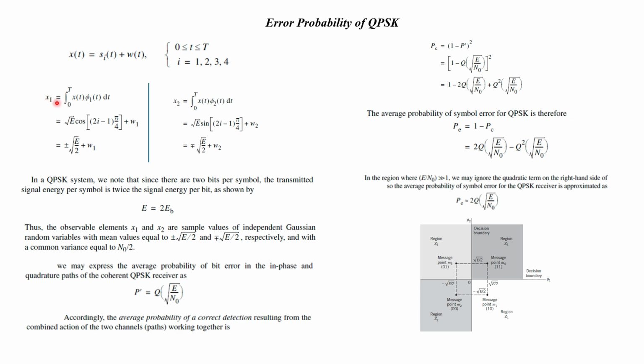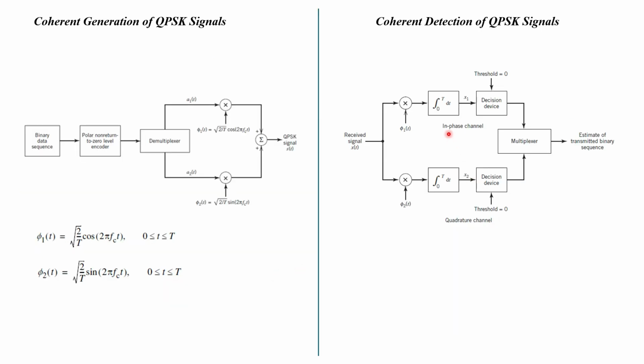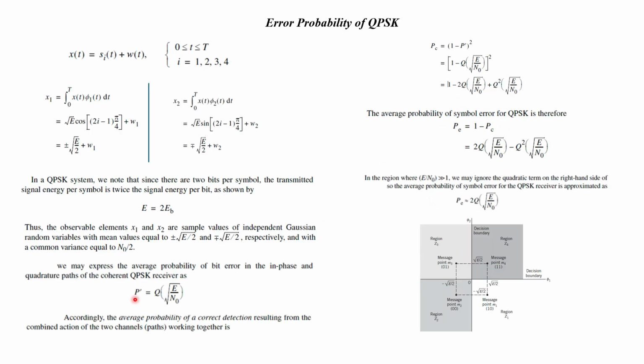Therefore, these observable values are sample values of independent Gaussian random variables with mean values equal to plus or minus square root of E by 2, with a common variance, that is N naught by 2. Therefore, we can express the average probability of bit error in the in-phase channel and quadrature channel of coherent detection of the QPSK signal by this expression.